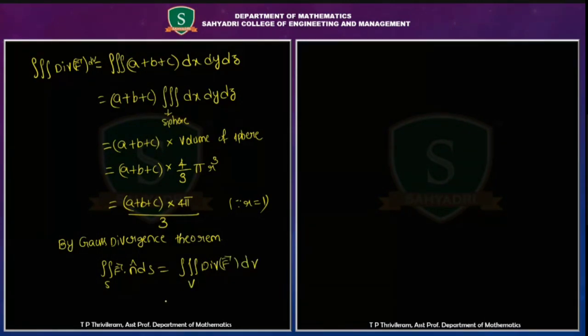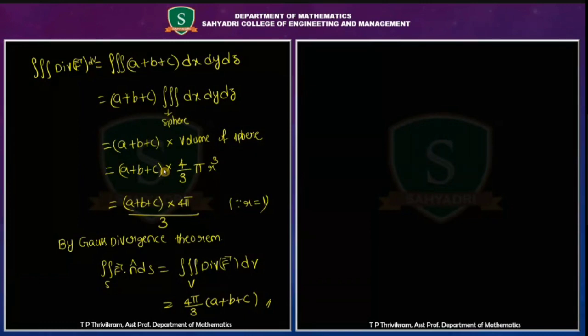This value we got as 4 pi by 3 times a plus b plus c. So you have to mention this theorem. Whenever you are using the Gauss divergence theorem, you have to mention this theorem and show it.